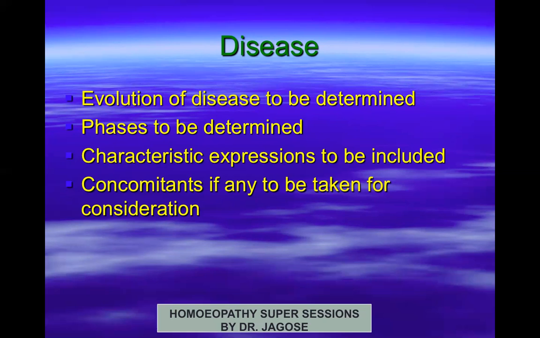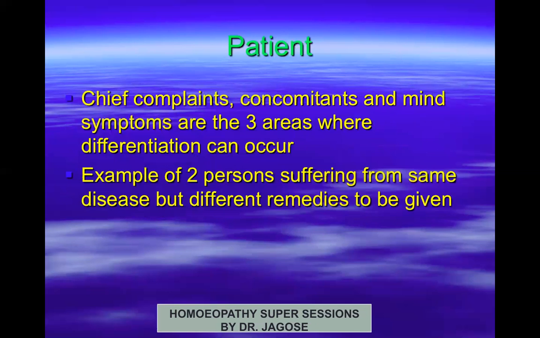Identify the phase, see the symptoms which are characteristic, and see whether any concomitants can be taken for consideration. In the patient, you see the chief complaint, the concomitant, and the mental symptoms, and these are the three areas where differentiation can occur.